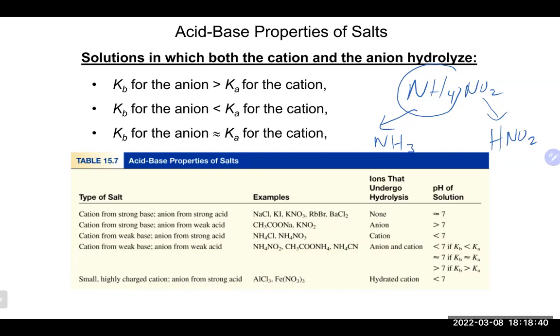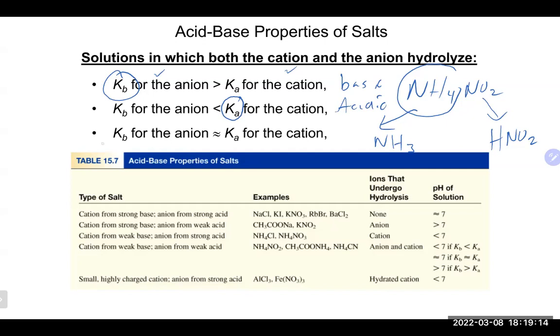So for example, if you compare the Kb for the anion, the negative guy, to the Ka for the cation, and the Kb is larger, you would assume that this solution would be basic, and you would do the Kb problem part of it and ignore the other part. If the Kb for the anion is less than the Ka for the cation, or the Ka value is larger, you would assume that this solution would be acidic, and you would basically do the Ka problem if you were trying to calculate the pH.